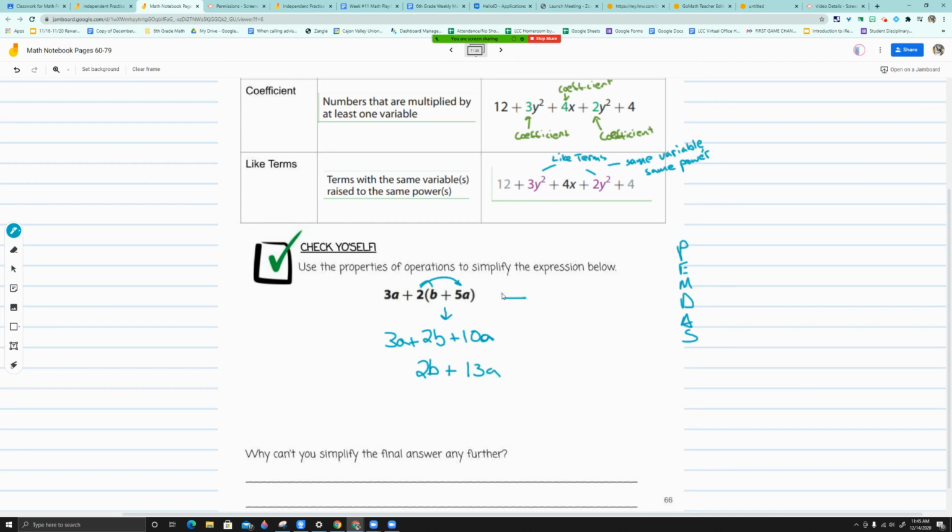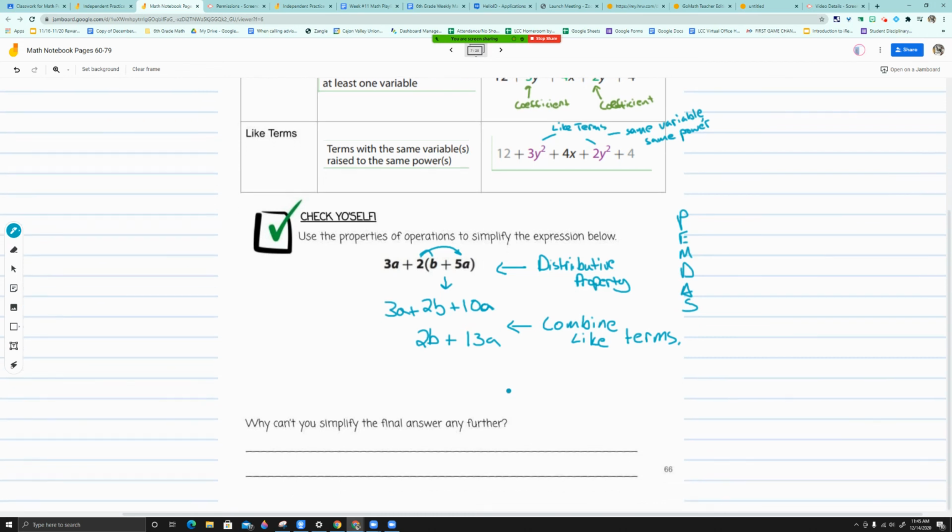So what did we do? We used distributive property. And then we combined like terms. Now this final expression, 2B plus 13A, cannot be simplified further. We don't know the value of B or A, so we can't find the value of the expression.